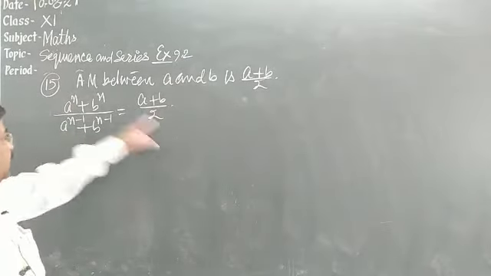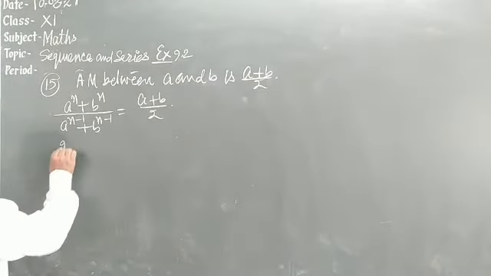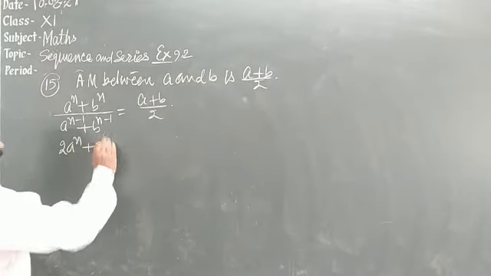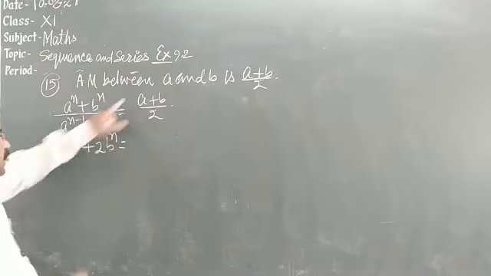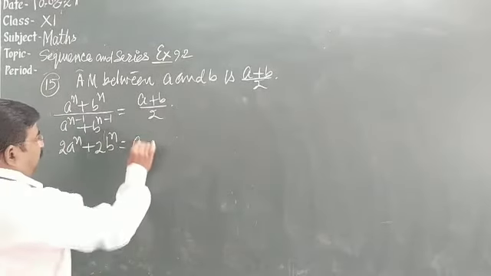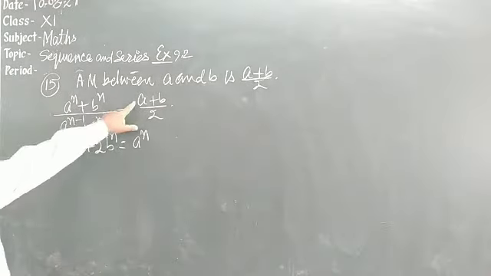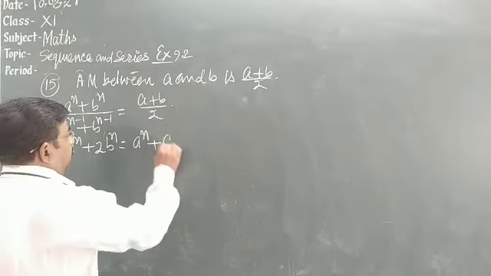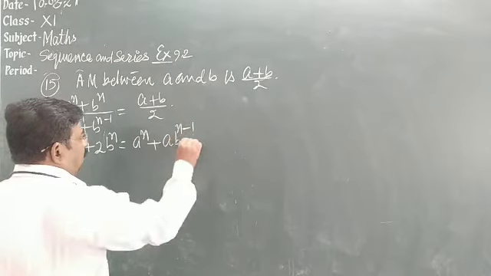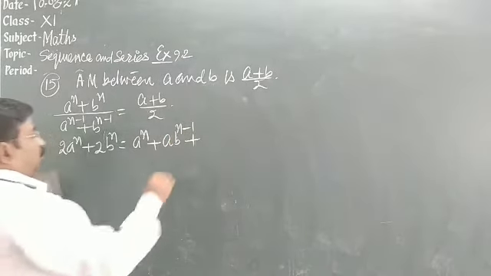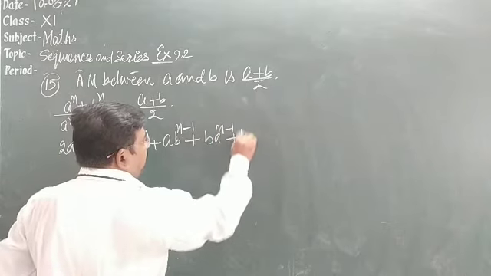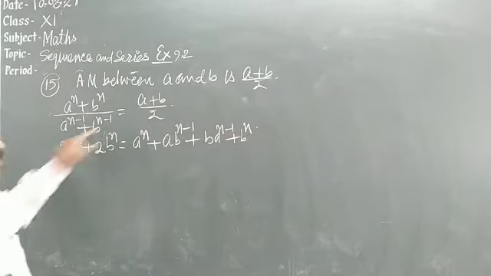Cross multiply. This side we have 2a to the power n plus 2b to the power n. That side we multiply: we have a to the power n minus 1 into a, that is a to the power n, plus a b to the power n minus 1, plus b into a to the power n minus 1, plus b to the power n, b into this.